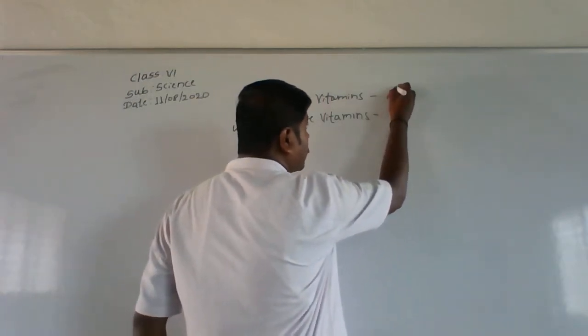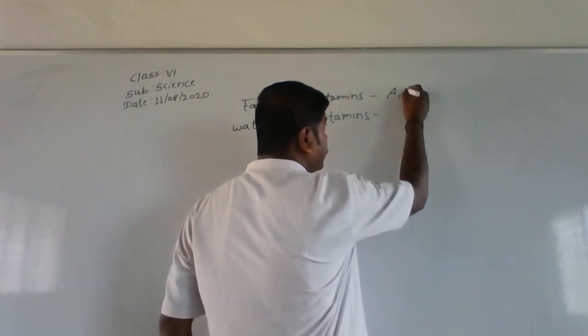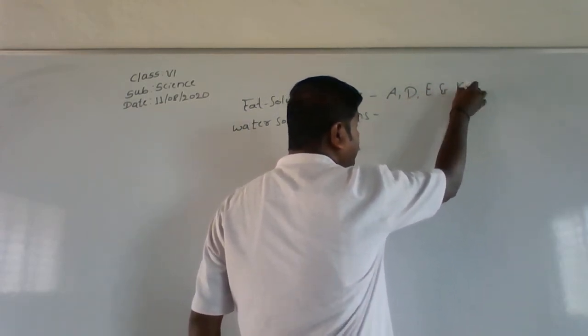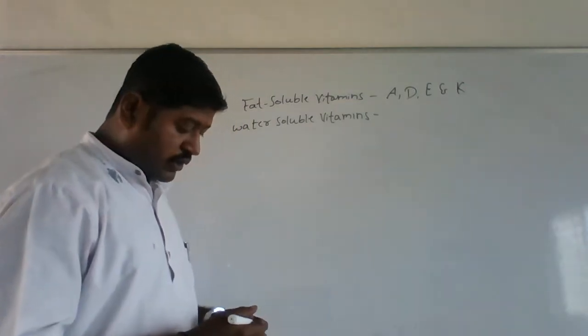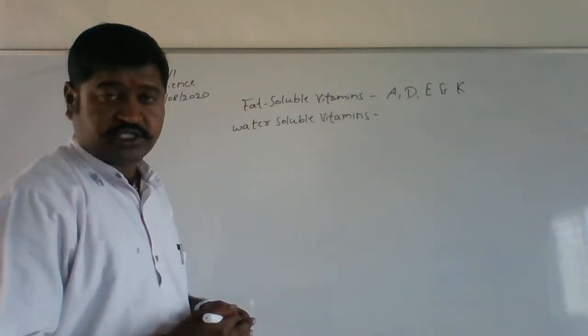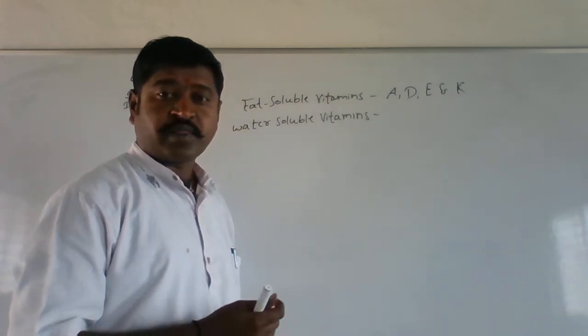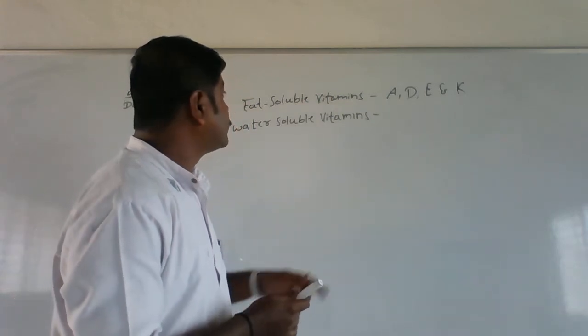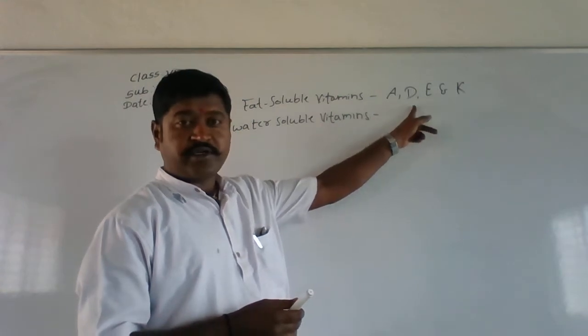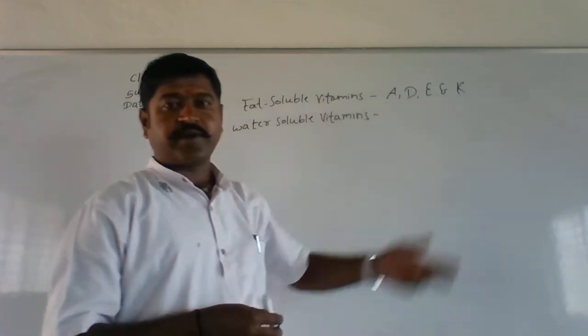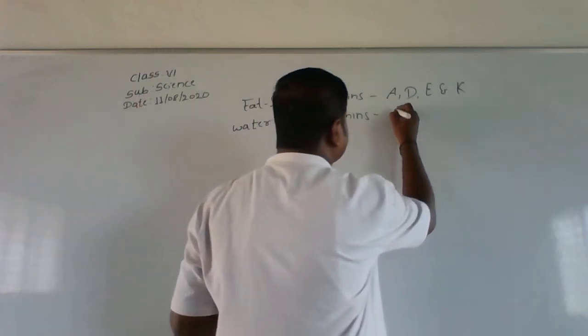They are vitamin A, vitamin D, vitamin E, and vitamin K. So out of six vitamins, we have four which are fat soluble. Then the remaining are vitamin B and C.